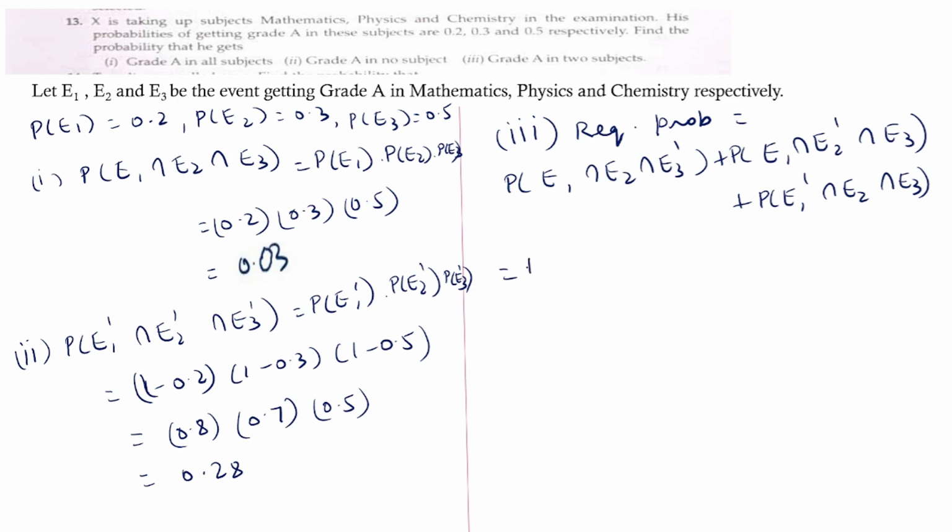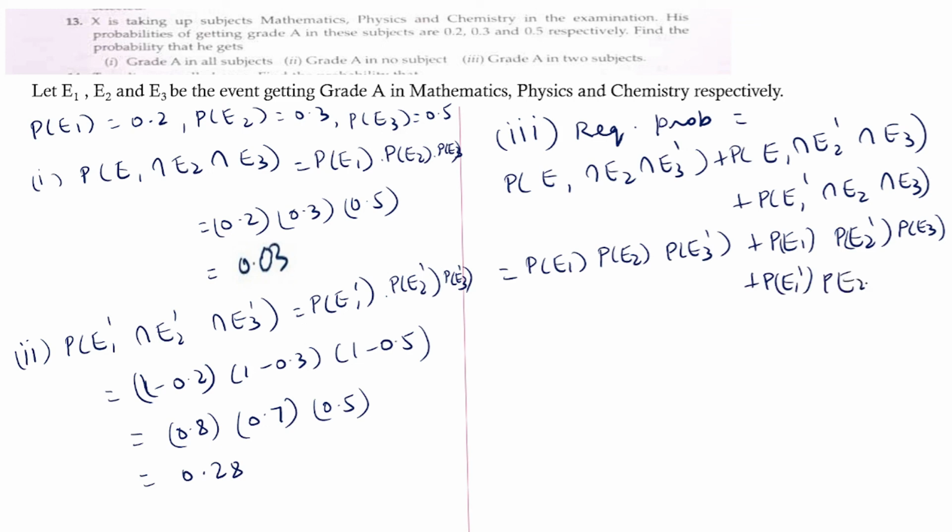So this is equal to probability of E1, since all these events are independent, into probability of E2 into probability of E3 complement, plus probability of E1 into probability of E2 complement into probability of E3, plus probability of E1 complement into probability of E2 into probability of E3.